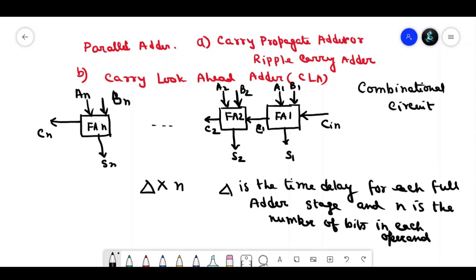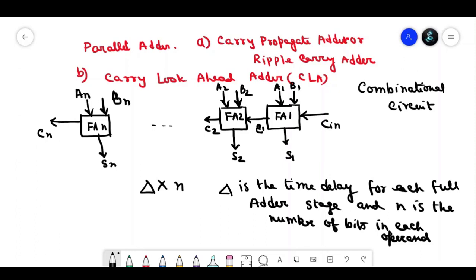What are the disadvantages of it? If the size of the numbers to be added is increased, then the addition delay becomes large, because the delay is dependent on del into n. So if the number of bits is too large, then the addition time will be increased.